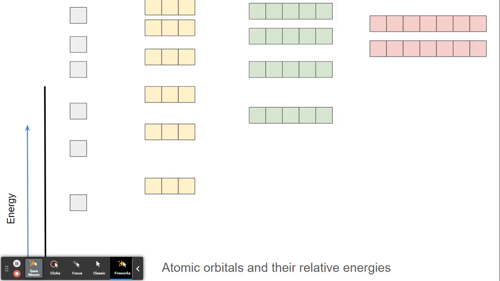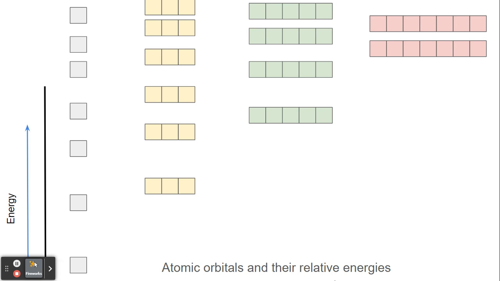Okay, so take a look at what we've got here. Here we've got the atomic orbitals and their relative energy levels. This first one, think about this as when n equals 1. Here, these two are when n equals 2. This is when n equals 3.